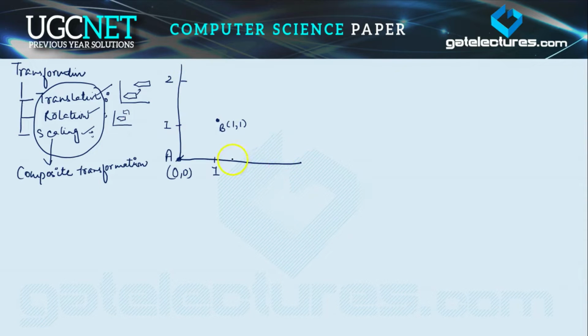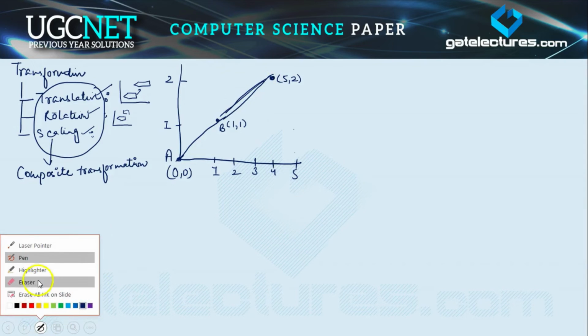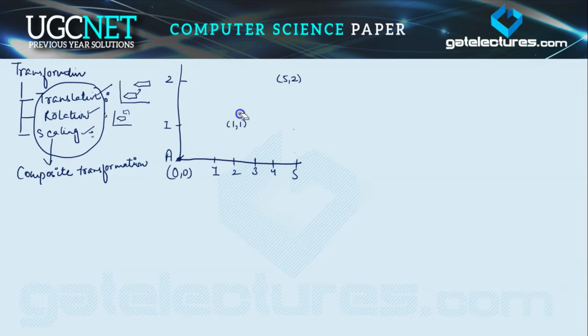And the next point is C, where X is 5 and Y is 2. So this will become 2, 3, 4 and 5. So it goes here. This is the point where X is 5 and Y is equal to 2. Now join all these like this. One second, I'm drawing it again.